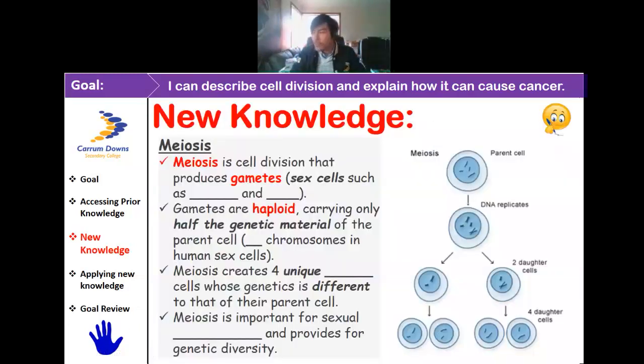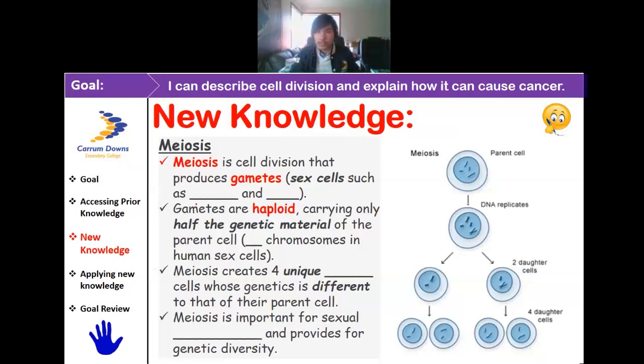Moving on, we've got meiosis. So mitosis and meiosis. Meiosis is cell division that produces gametes. Gametes are basically another name for sex cells. I wonder if you remember what types of sex cells there are.